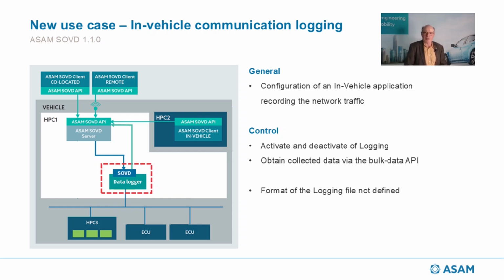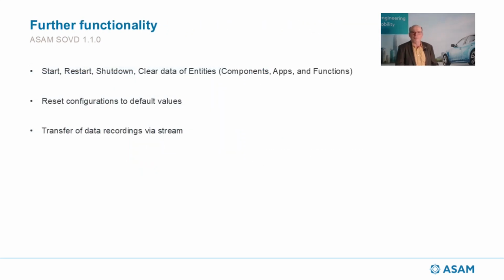Other functionality which we have introduced in version 1.1 is the possibility to start and restart entities, to shut down an entity, and to clear data of entities. This is restricted to the entities, components, apps, and functions.